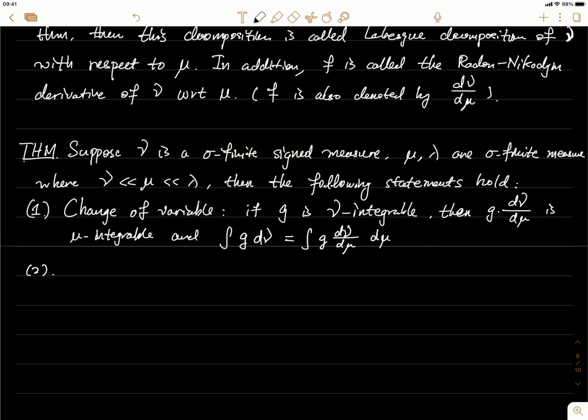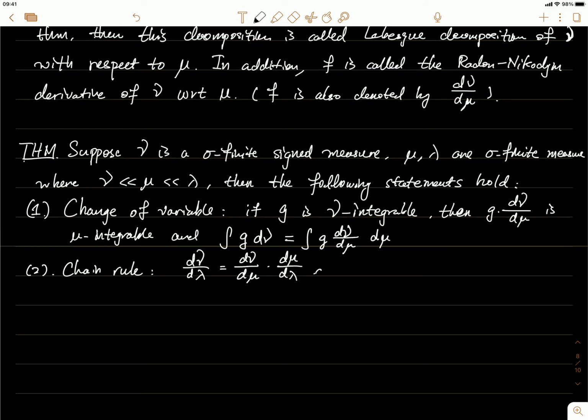The second statement is the chain rule. What it says is that the Radon-Nikodym derivative of nu with respect to lambda is equal to the Radon-Nikodym derivative of nu with respect to mu times the Radon-Nikodym derivative of mu with respect to lambda.